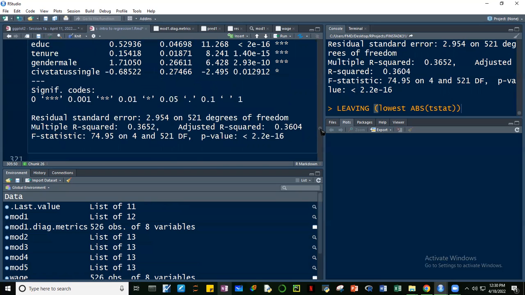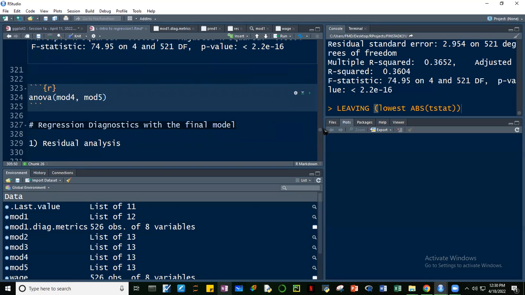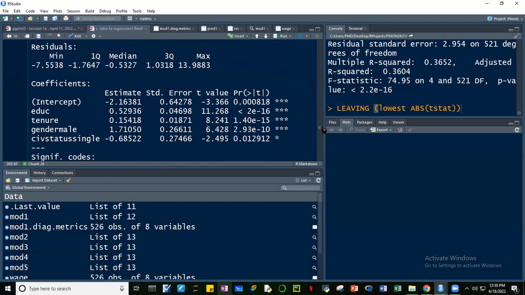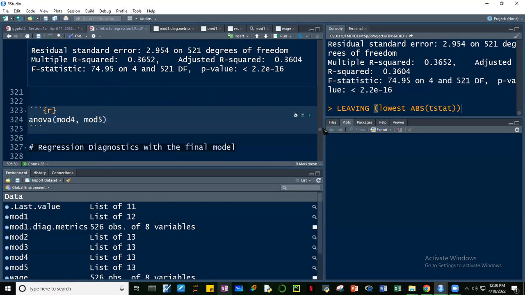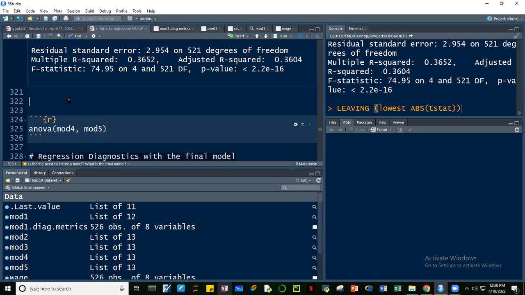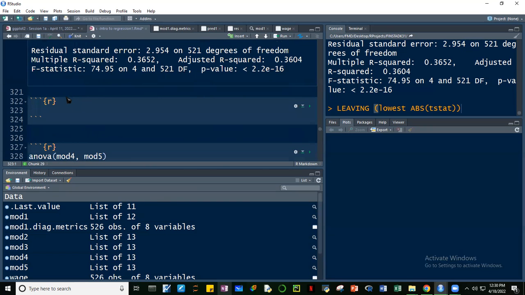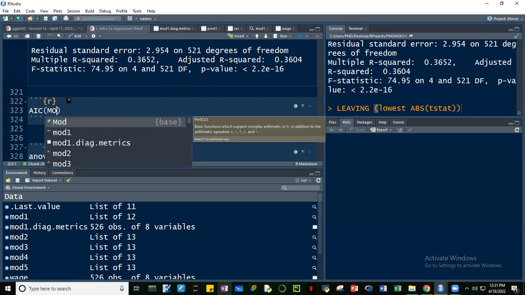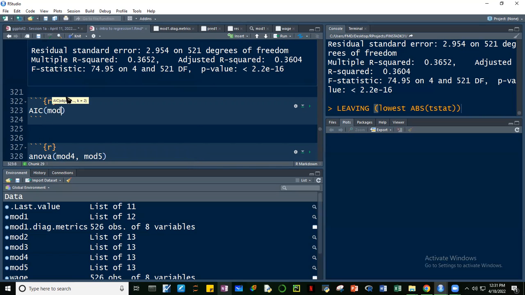Okay, and if we look down, guys, 36% yung adjusted R-squared. Bumaba yung adjusted R-squared niya. Pero if you take a look, let's compare, guys, yung AIC ni model 4 at AIC ni model 5.